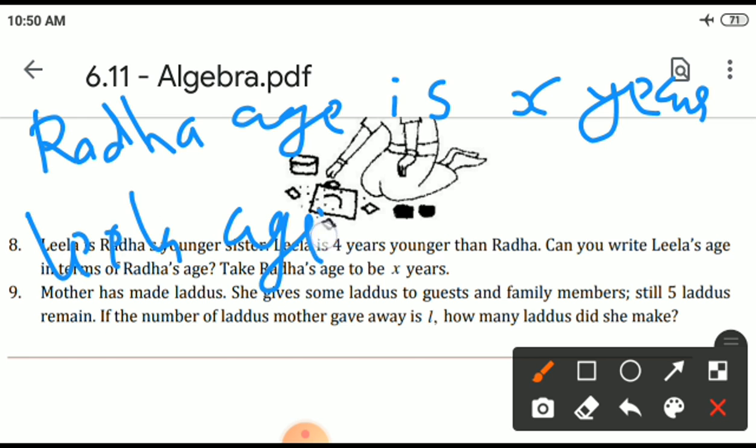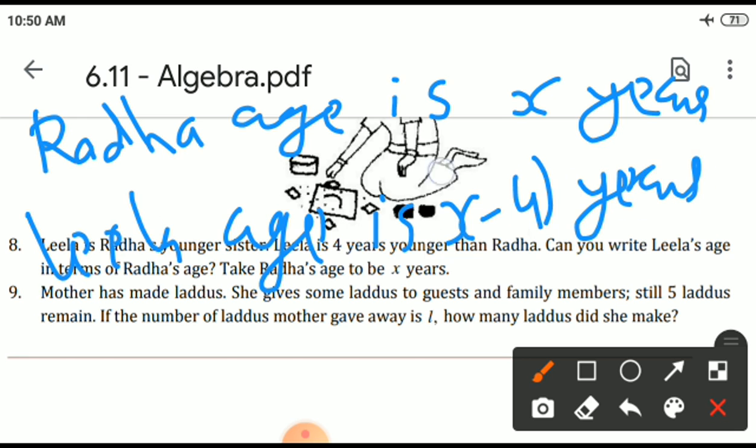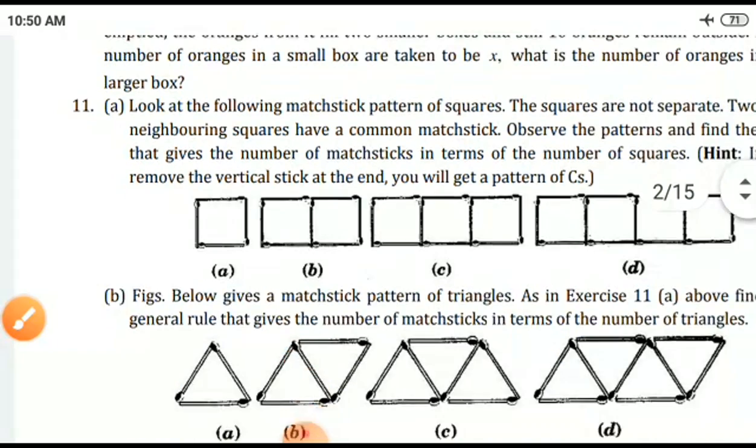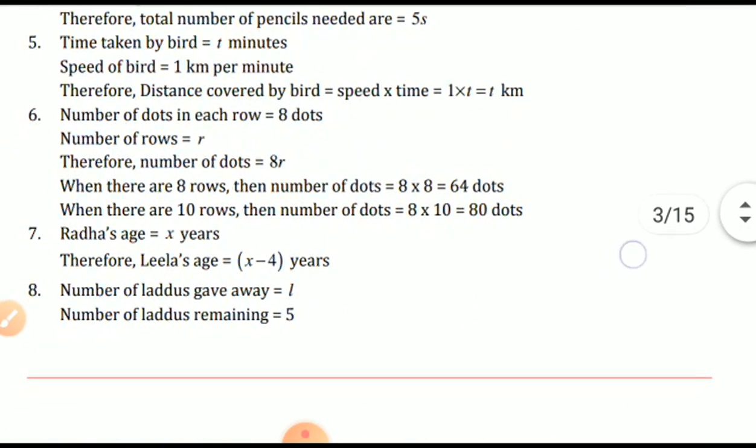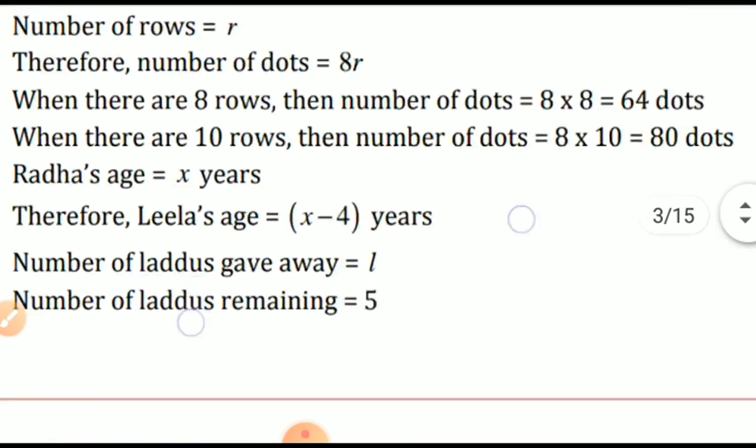So Leela's age is what? Leela's age is x minus 4 years. Why x minus 4 years, student? Because according to the question, x means Radha's age and minus 4 means 4 years younger. Let's check. Radha's age is equal to x years.